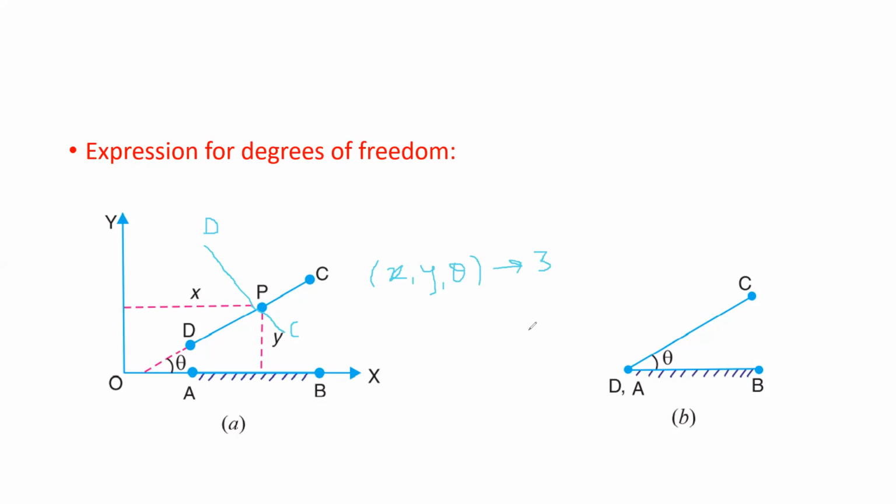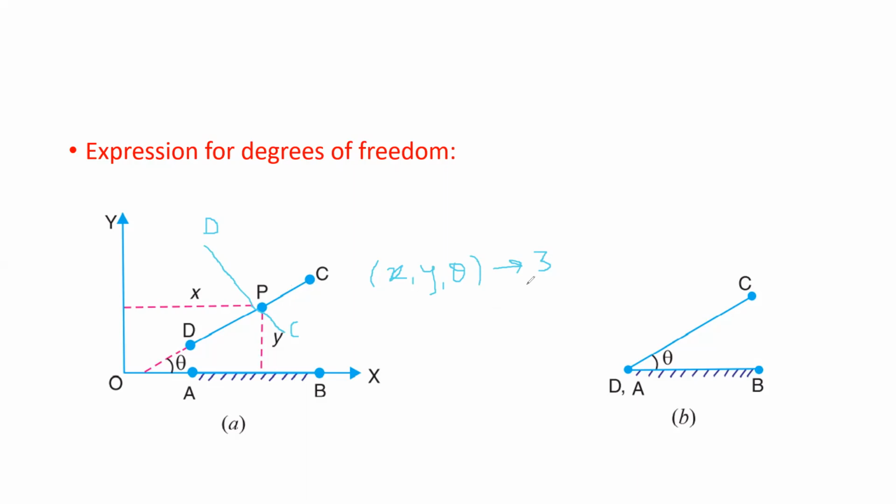Yes, sir. Now next. If one link has 3 degrees of freedom, you need three parameters to completely define the position of the link.